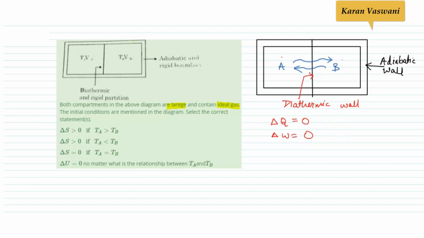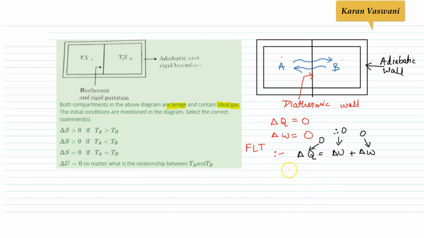So by applying the first law of thermodynamics, we get delta Q is equal to delta U plus delta W. And if delta W is 0 and delta Q is 0, therefore delta U will also be 0.